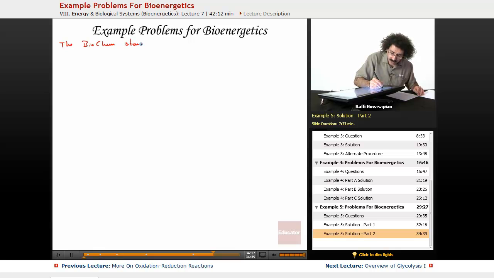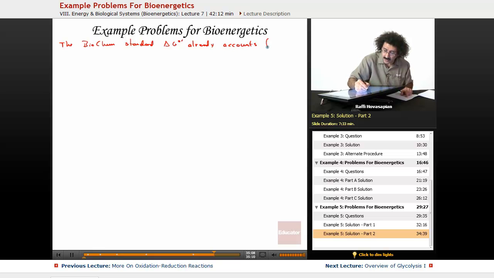The biochem standard for delta G already accounts for the fact that the hydrogen ion concentration is equal to 10 to the minus 7 molar.